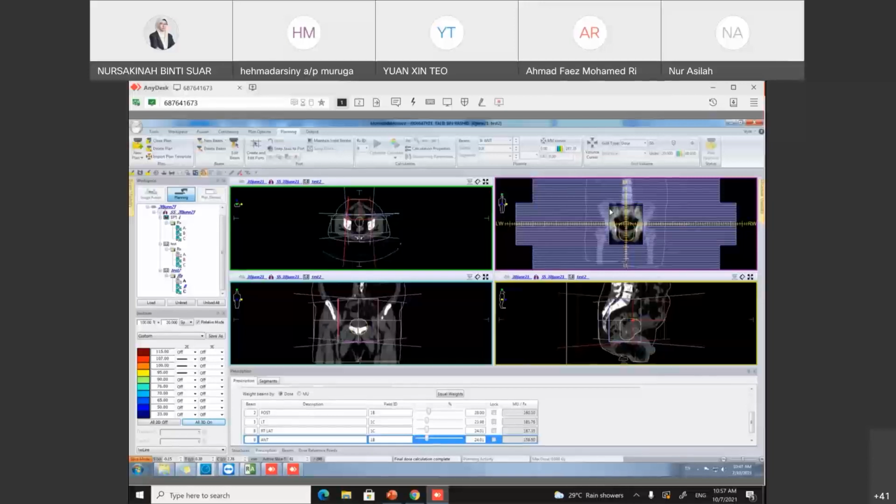Is the field size you put in correct? Is the coverage enough? The doctor will tell you. If this is okay, then you will proceed for the calculation. If not, he will tell you, okay, increase superior 1 cm, reduce left lateral 1 cm.